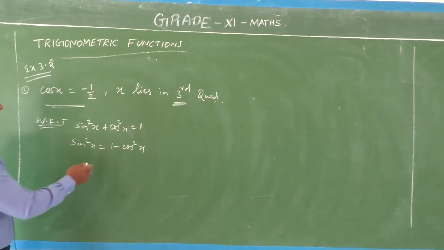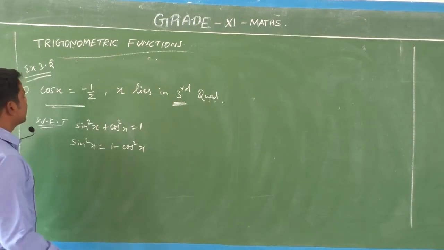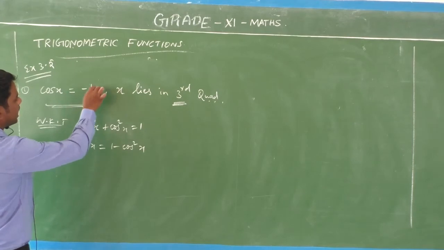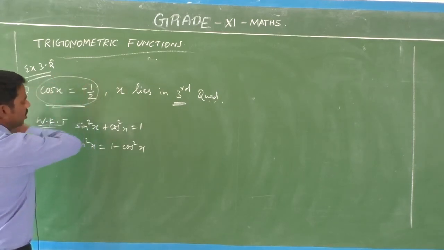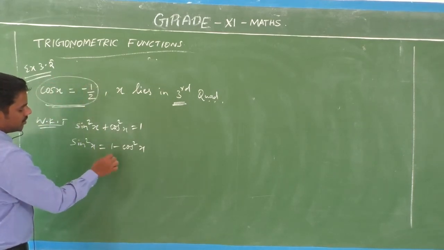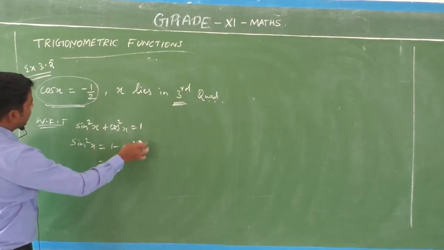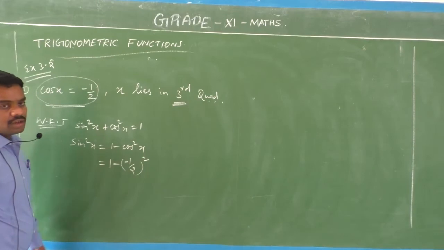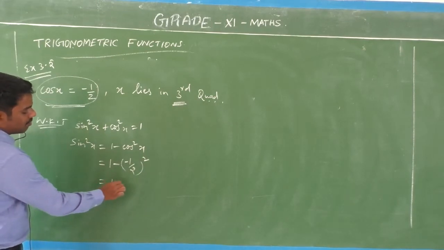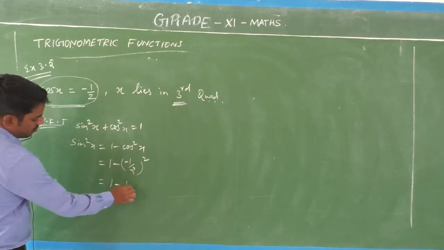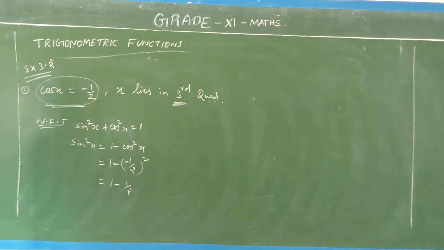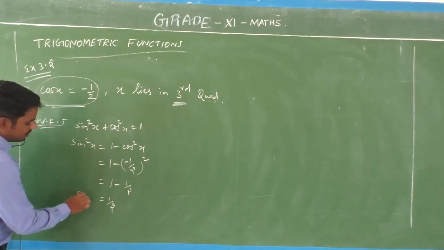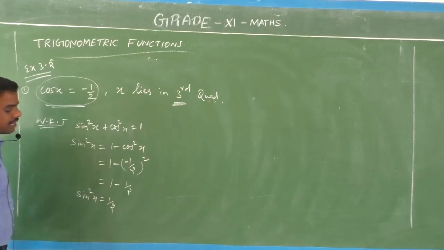We know that cos x equal to minus 1 by 2, so we substitute: minus 1 by 2 the whole square. So 1 minus 1 by 4, hmm, as stated, 1 minus 1 by 2 is equal to 1 by 2. So sin squared x is equal to 1 by 2.